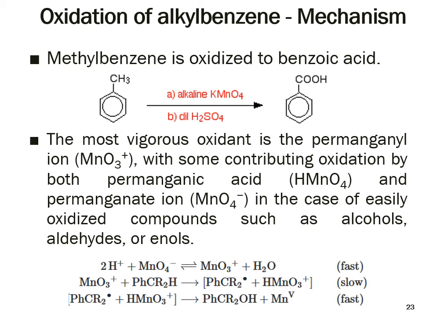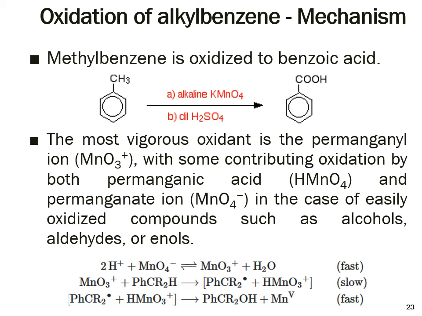Then the slow step is where this permanganyl ion reacts with your alkyl benzene. So this PhCR2H will be this toluene where two hydrogens are indicated as R groups. They can be any other R groups. As you know, the secondary alkyl benzenes also give this reaction.